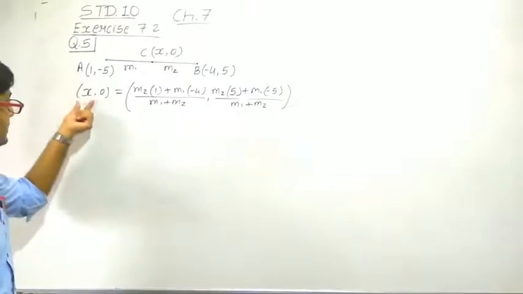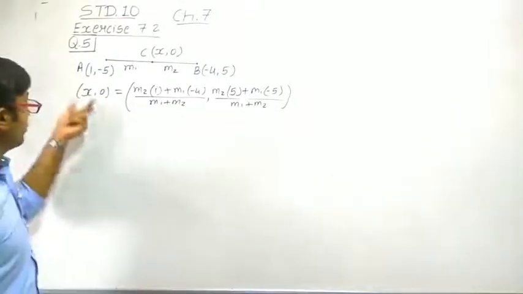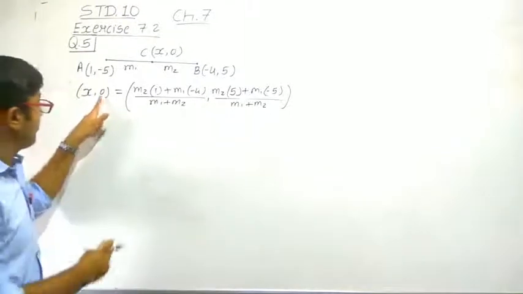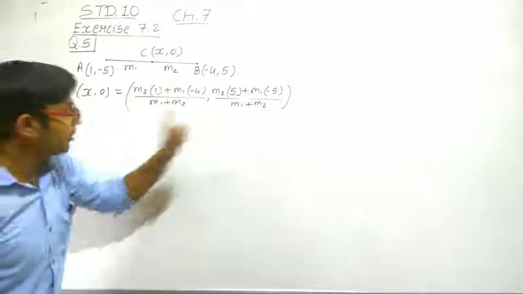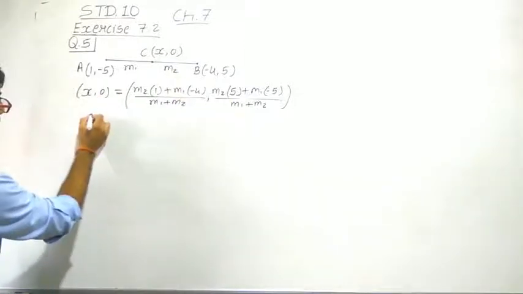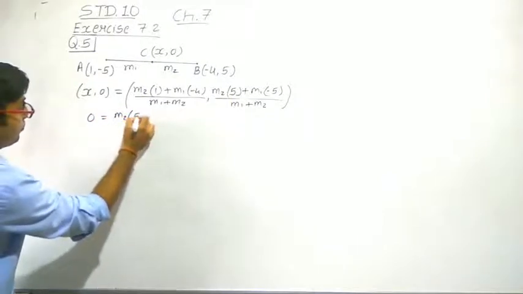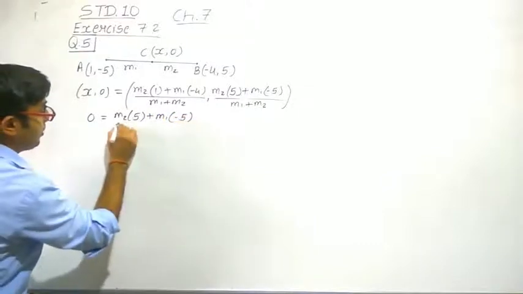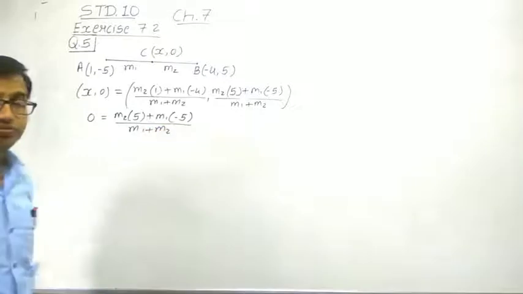So when we compare this x coordinate, here we have a variable x, so we cannot compare the x coordinate. Yes, we can compare the y coordinate because its value is 0. So when we compare the y coordinate, here we get 0 is equal to m2 into 5 plus m1 into minus 5 upon m1 plus m2.